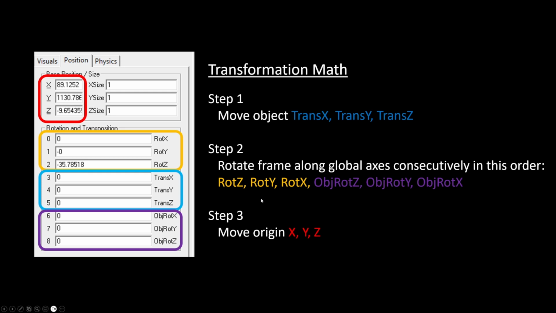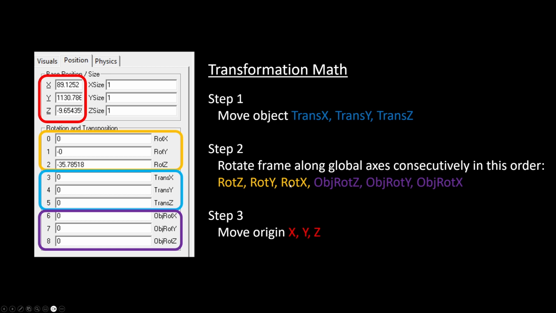So the very first rotation that's done is rot Z. Then the result of that is rotated along the y-axis using rot Y and then rot X. Again, all of these are done along the global axis directions. Once rot X is done, we jump down to object rot Z, then object rot Y, and object rot X. I will demonstrate this in the live editor, but just know that this sequence is important.